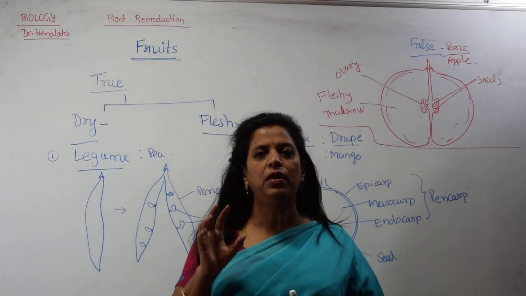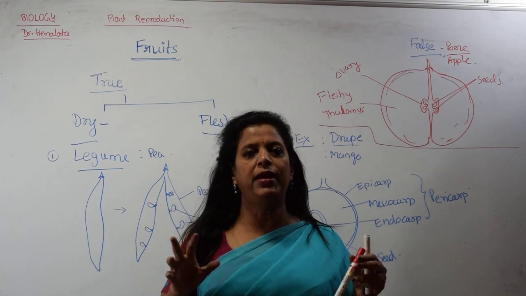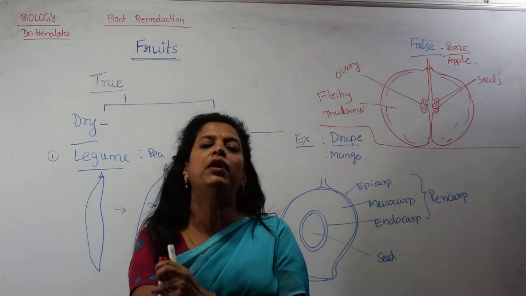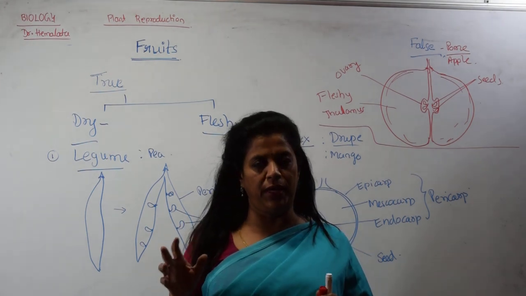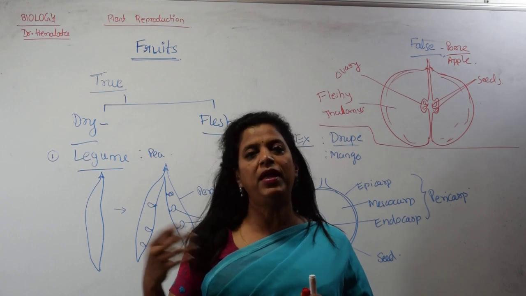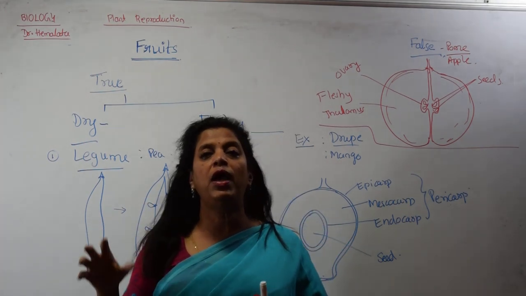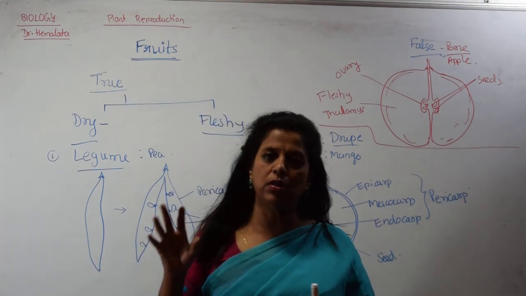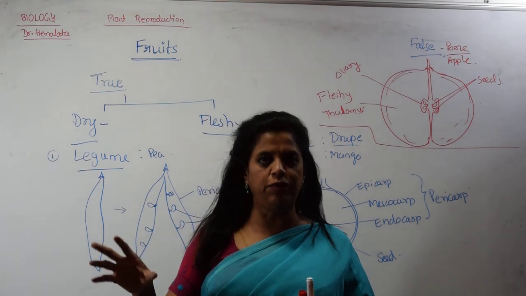Okay, remember, distinguish between true fruits and false fruits. You have to write at least two differences. First, the fruit develops from the mature ripened ovary. Here the fruit develops from other than the ovary. Then what you will write: under fleshy fruits we have the epicarp, mesocarp, endocarp, while the pericarp is sometimes dried in dry fruits.